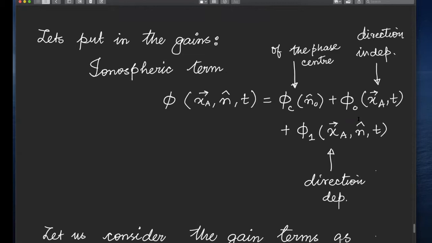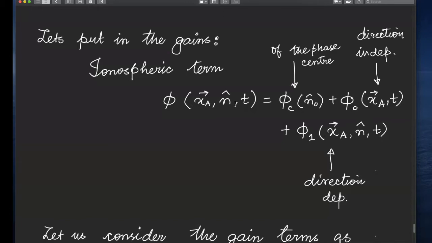The first term doesn't change for any antenna. Now we have included the effect that at different antennas, this term can be different. So I call it phi 0. And then there is another term which has all the dependencies. It can even change in different directions.